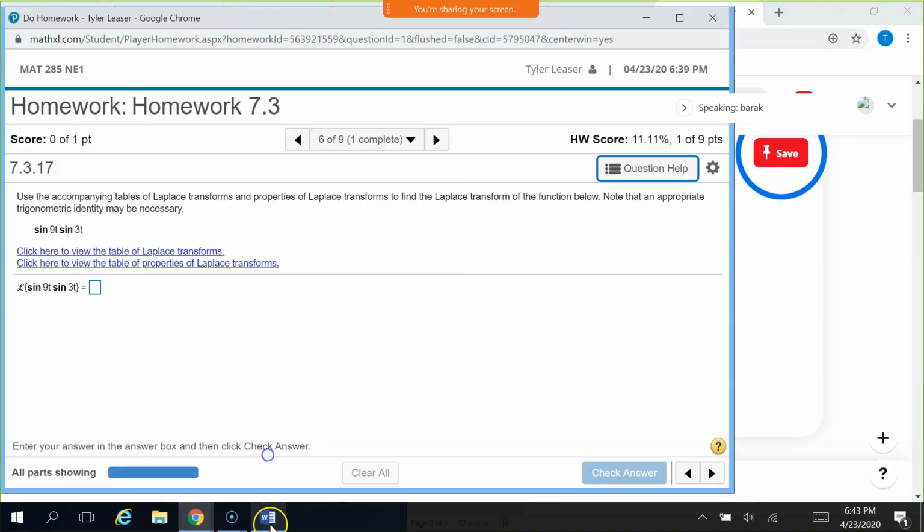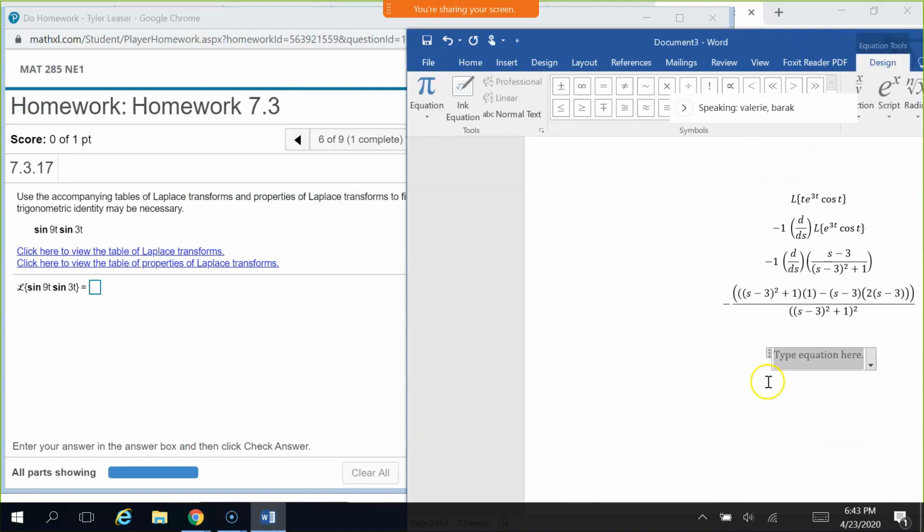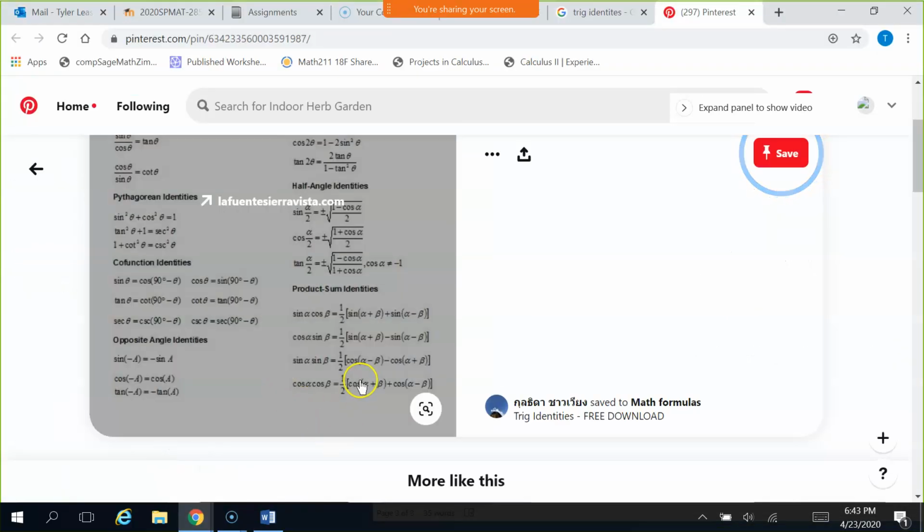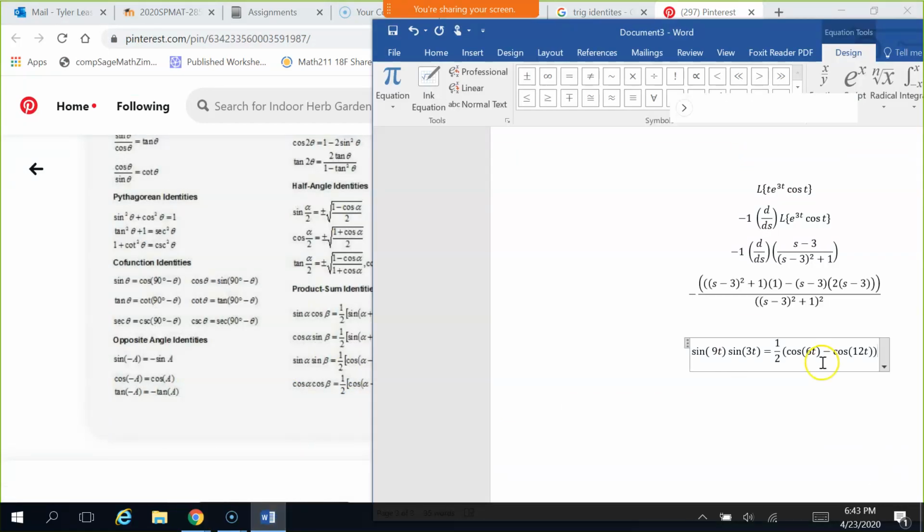All right, so going back to the homework question, when we have sine of 9t times sine of 3t, that would break down into 1/2 cosine of 9t minus 3t, which is 6t, minus the two things added together, which was 12t. Did I do that right? 1/2 the minus minus the plus. Yeah, I like that.